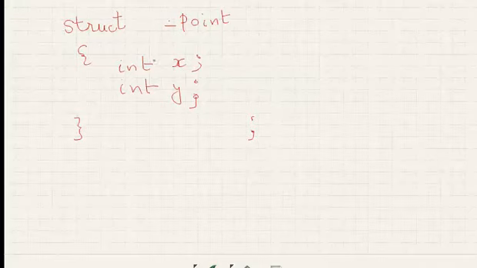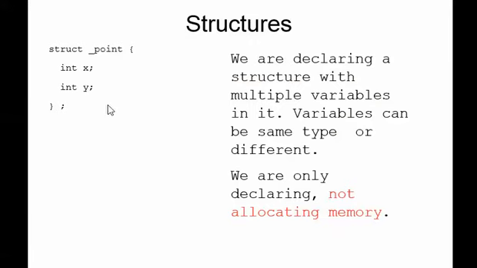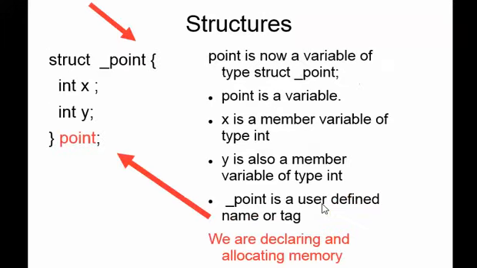So that's what we have defined, and by this we are not allocating any memory. Yeah, and in this case we are now, in addition to defining a structure, we are also defining a variable in the same declaration. Okay, we are doing two things together, defining it and declaring it.